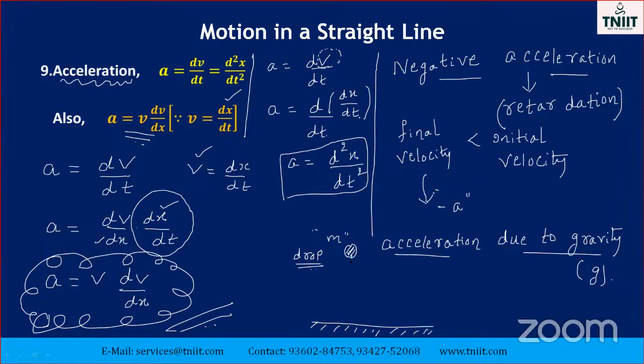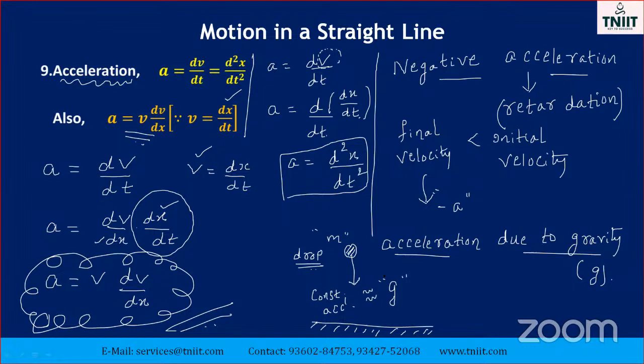What will happen if I drop the object from a certain height? Then this object will move downward with constant acceleration. The object will come down with a constant acceleration. This constant acceleration is called acceleration due to gravity, denoted by the symbol g. So what is acceleration due to gravity?